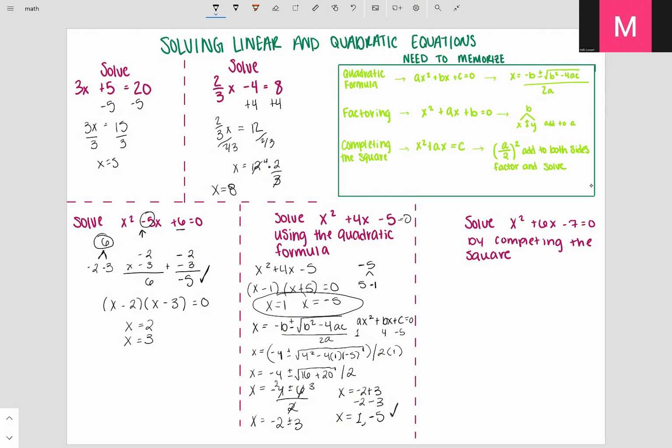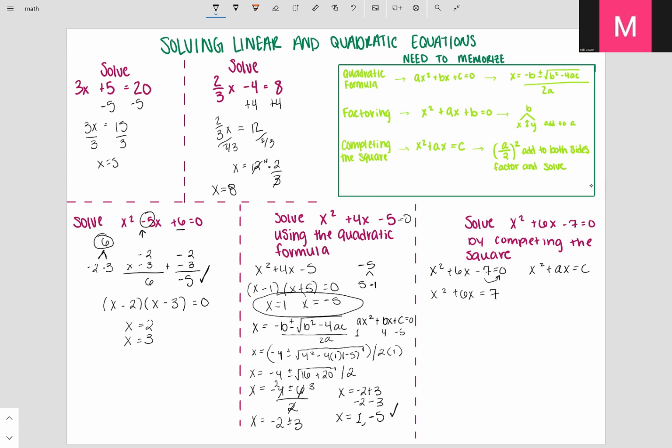So when we have completing the square, we want to get our equation x squared plus 6x minus 7 equals 0 into this form, x squared plus ax equals c. So we want our constant on the other side of the equation. So we'll say x squared plus 6x equals 7.